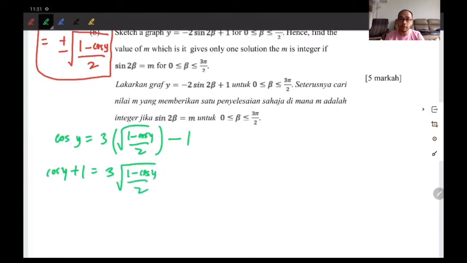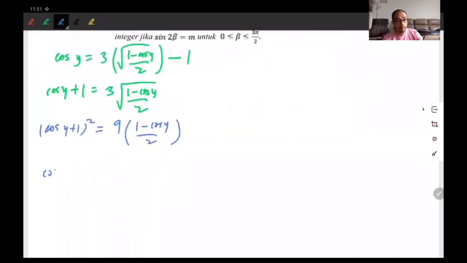To get rid of the square root, I will need to square everything. So (cos y plus 1) squared equals 9 times (1 minus cos y) over 2. Cos squared y plus 2 cos y plus 1 equals 9 times (1 minus cos y) over 2.